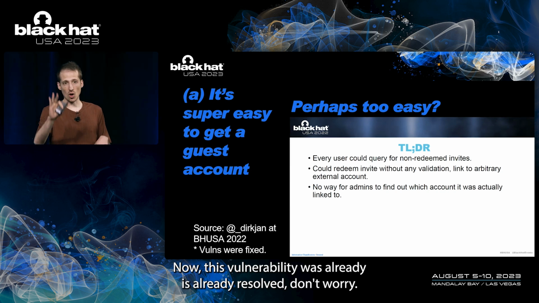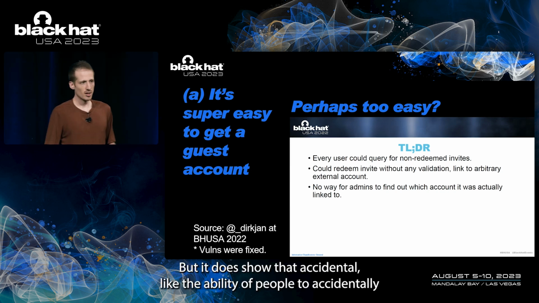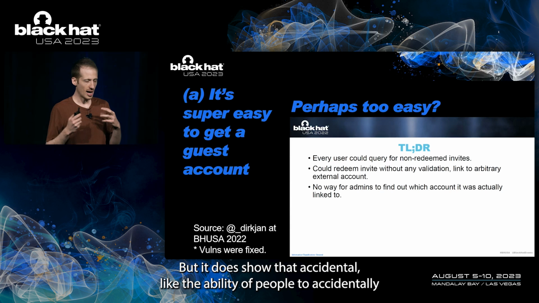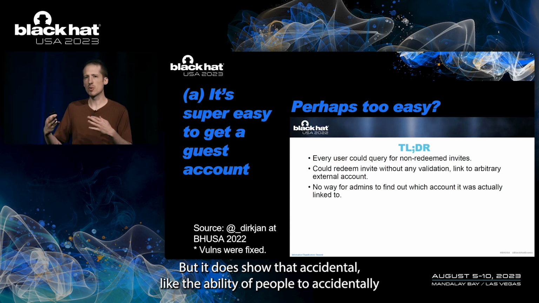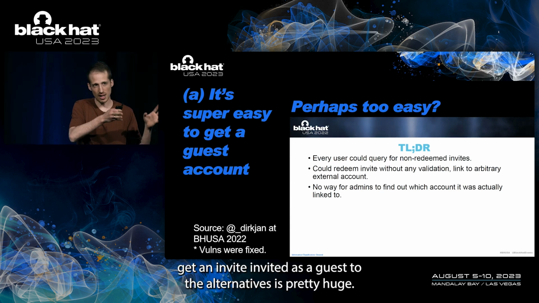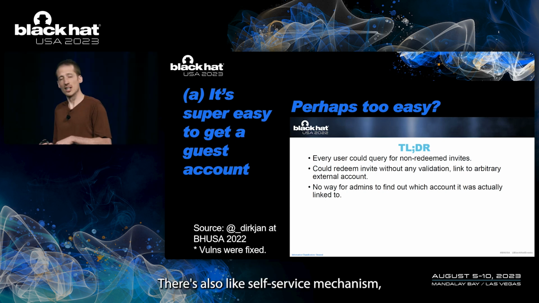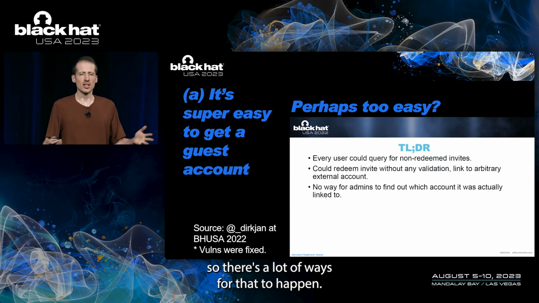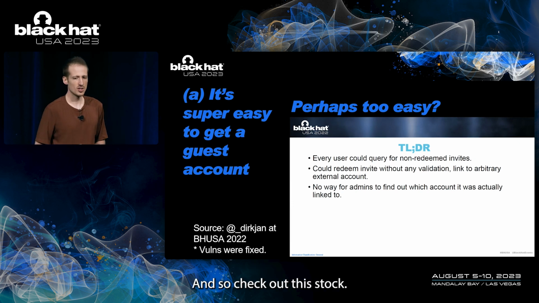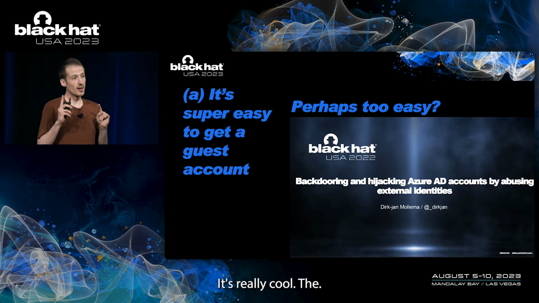Now, this vulnerability is already resolved, don't worry, but it does show that the ability of people to accidentally get invited as a guest to your tenant is pretty huge. There are also self-service mechanisms, so there are a lot of ways for that to happen. So check out this talk, it's really cool.